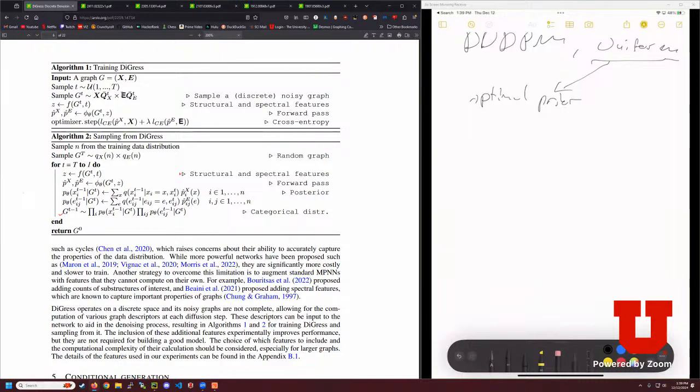Then you pass it through phi theta, a graph neural network or some graph attention, and it tries to recover the original graph. This recovery is reflected by P hat X and P hat E, right? And then their loss is cross entropy, which evaluates how well your probability distribution matches the instance of the true graph.